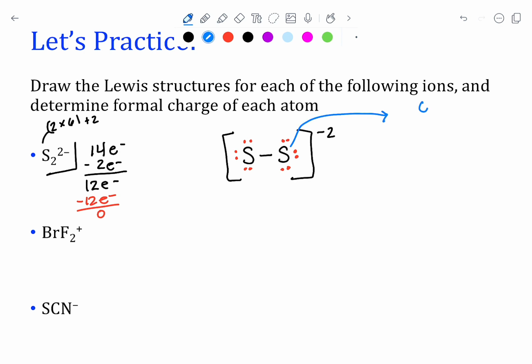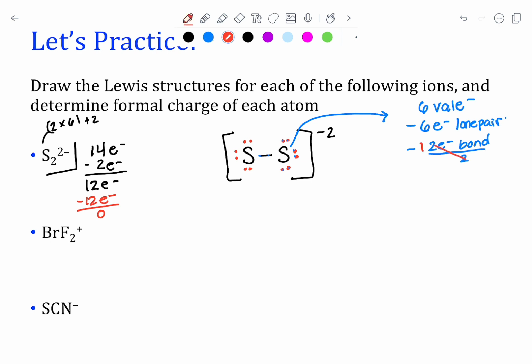Each sulfur is the same, so we're going to find just the formal charge of one sulfur and we can apply it to the other. So sulfur has 6 valence electrons. Each sulfur has 1, 2, 3, 4, 5, 6 electrons in lone pairs. And each sulfur has 1 bond, which has 2 electrons. So we're going to subtract off our 2 electrons from bonds, but divide it by 2 since they're being shared.